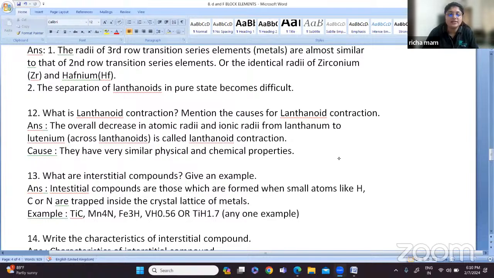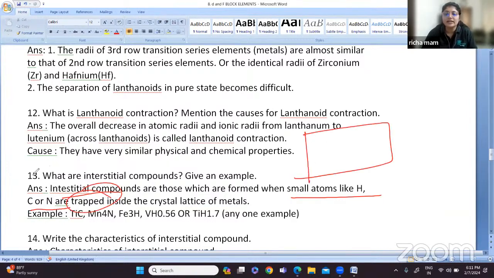They are trapped in these spaces, and thus they form the type of compound called interstitial compounds. So interstitial compounds are those compounds where small atoms like hydrogen, carbon or nitrogen are trapped inside the crystal lattice of a metal. Please remember some examples. First is titanium carbide, that is TiC.